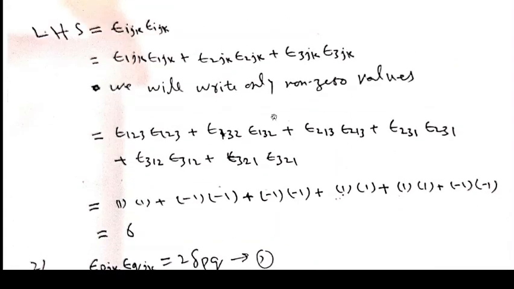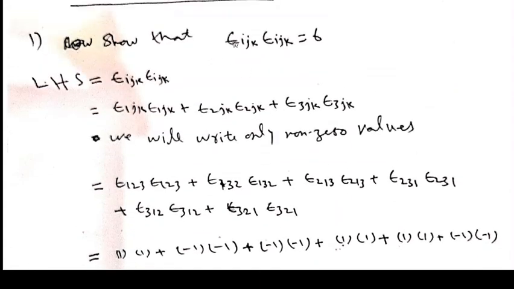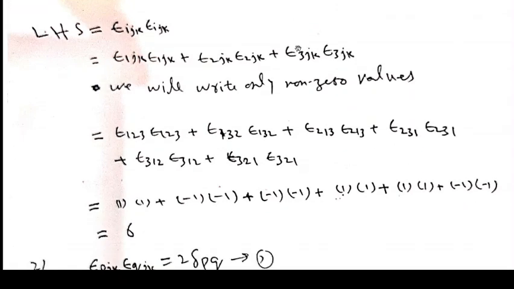In the first property all the indices are the same, ijk and ijk, but in the second you can see that one index is different.